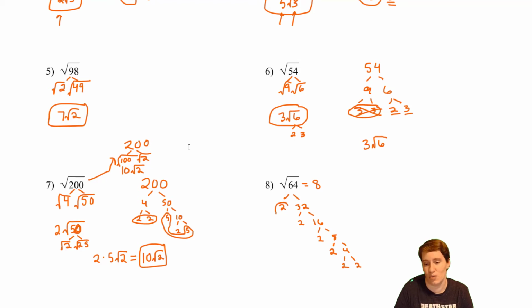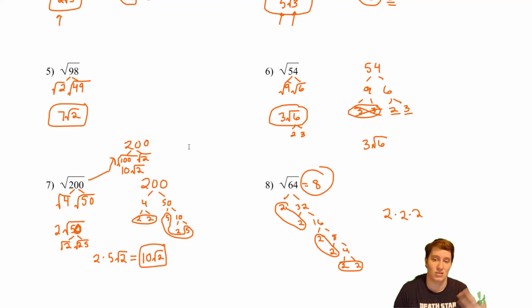Okay, so we've got 1 pair of 2s, which puts a 2 on the outside, 2 pairs of 2s, so that's a second 2 for the outside, 3 pairs of 2s, so that's another 2. 2 times 2 times 2 is 8. So even if you do the factor tree when we didn't necessarily need to, you can still get the answer there as 8. It's easy when you get into the zone of trying to simplify square roots to forget that some things actually are perfect squares.